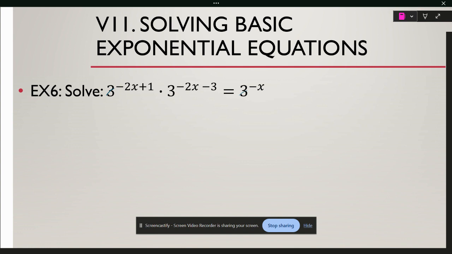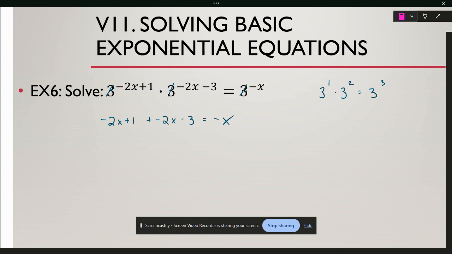What we need to know here is when we have two bases that are the same, do we add the exponents or do we multiply the exponents? Let me show you. If this was 3 to the first times 3 to the second, we would get 3 to the third. We'd add the exponents. So since these are all the same base, I'm going to cancel them out. I'll have negative 2x plus 1 plus negative 2x minus 3 equals negative x.